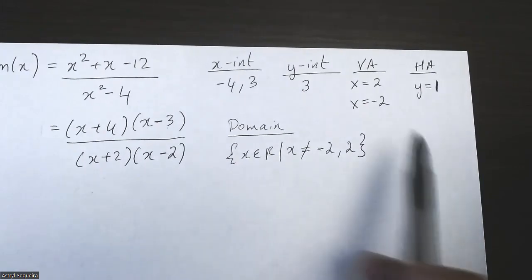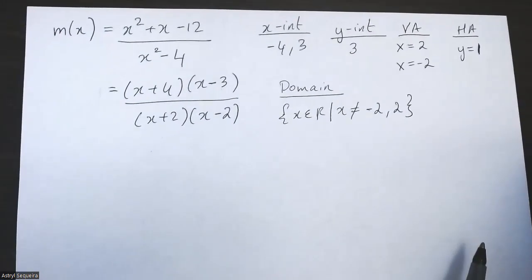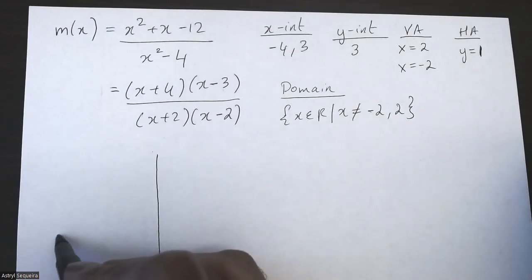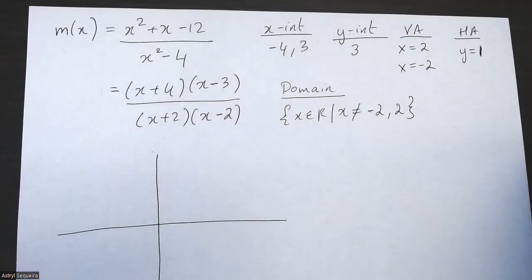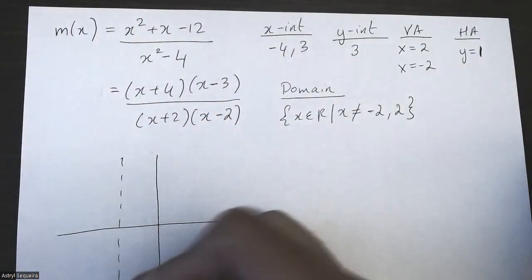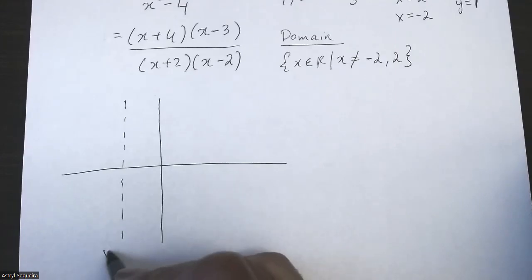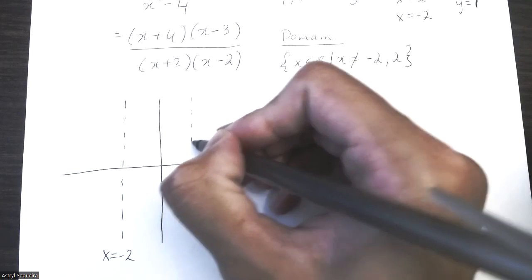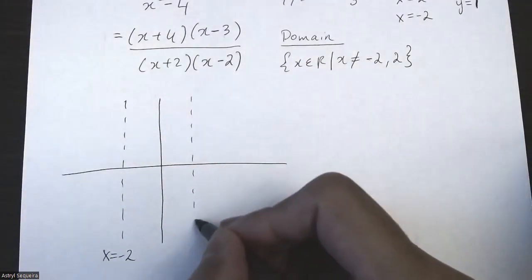Okay, now that we have all this info, we can start our sketch. We'll do that over here. For the sketch, the first thing we want to do is draw our vertical asymptotes, I guess. So -2, and then +2.